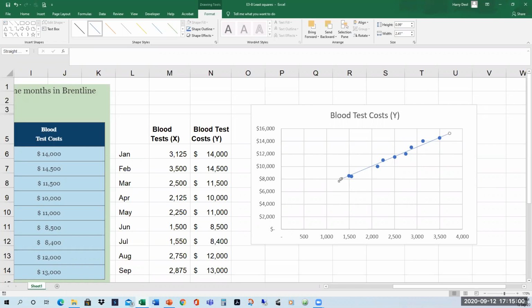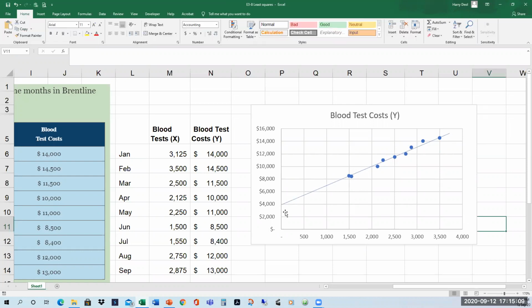And if I were to extend this straight line, you notice that it actually intersects at 4,000. So when we did the high-low method calculation, we had calculated the intercept to be $4,000. The fixed cost per month had worked out to $4,000.